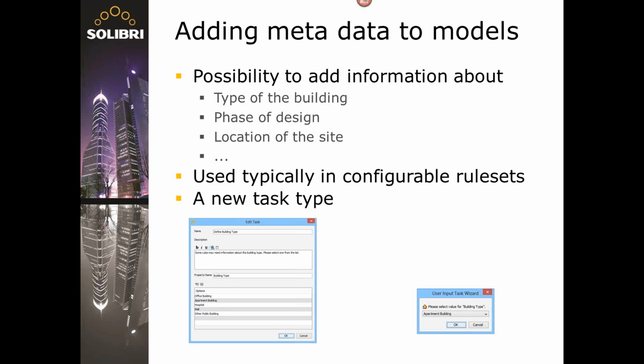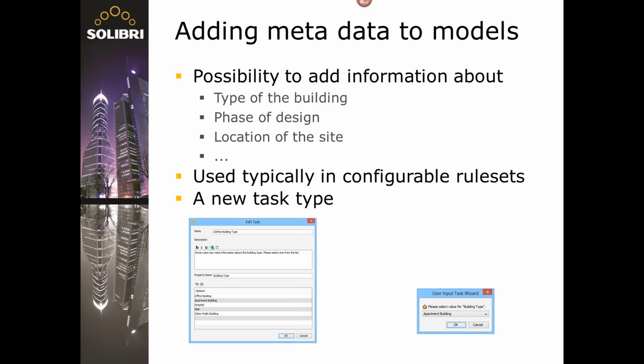For example, part of the rule set rules can be valid only for hospitals or schools, apartment buildings, office buildings, shopping malls, things like that. So the type of the building is sometimes kind of key if some rules should be used or not. But the model itself doesn't know what this type is. The user knows, of course. He or she can see it in most cases, or typically knows it anyway.